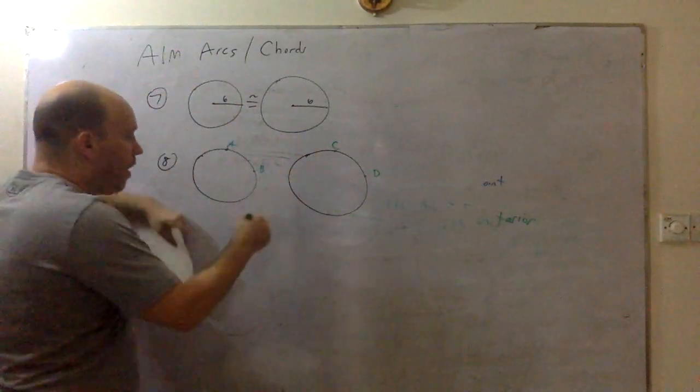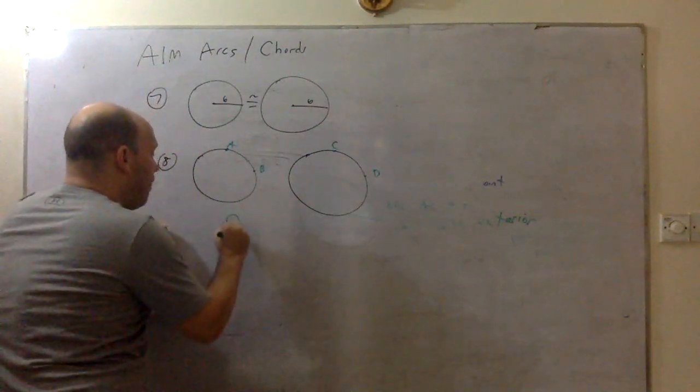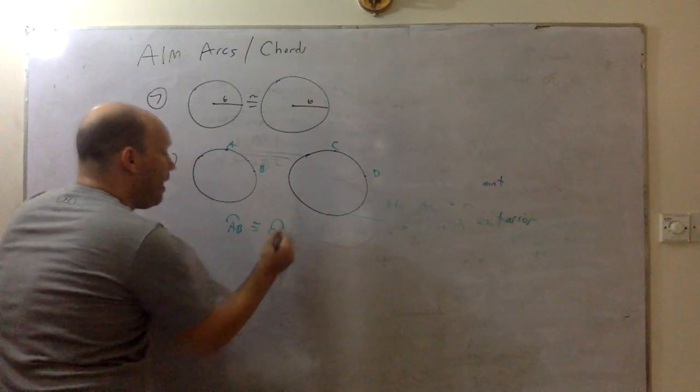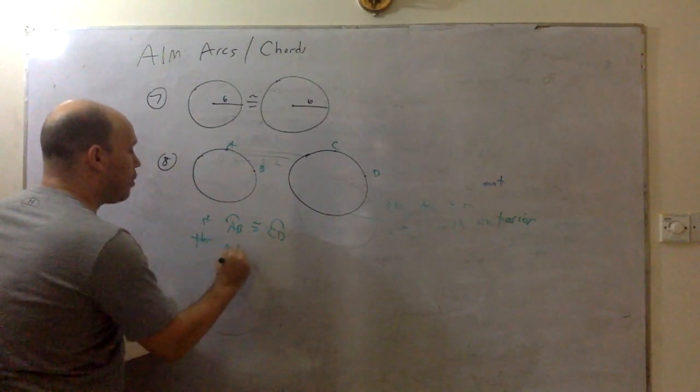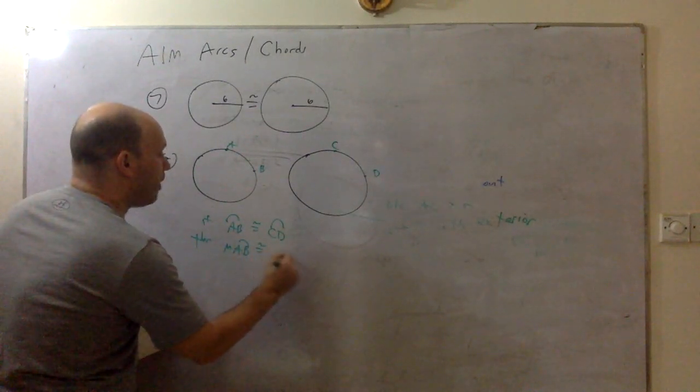If I discover, and I actually walk around, that arc AB is congruent to arc CD, then the measurement of AB is congruent to the measurement of CD.